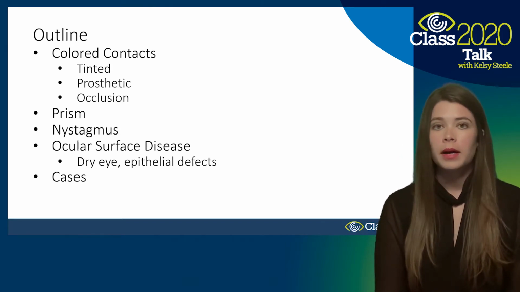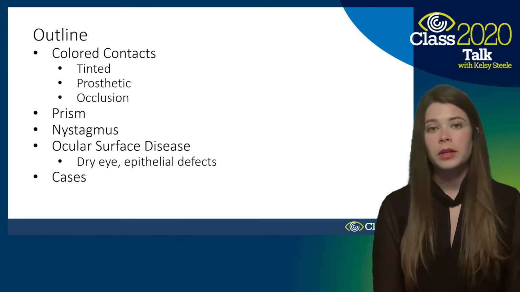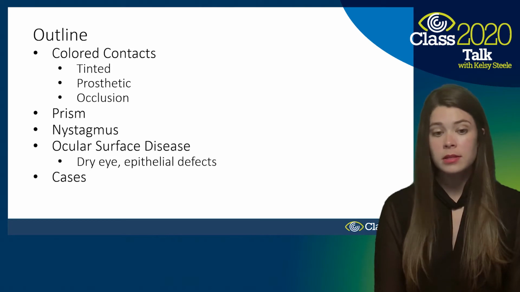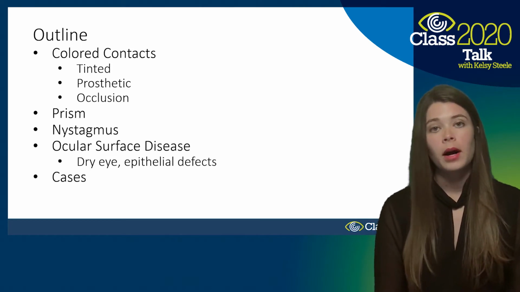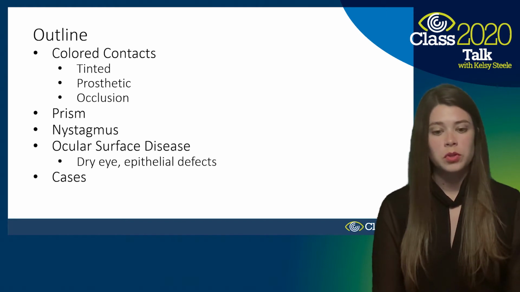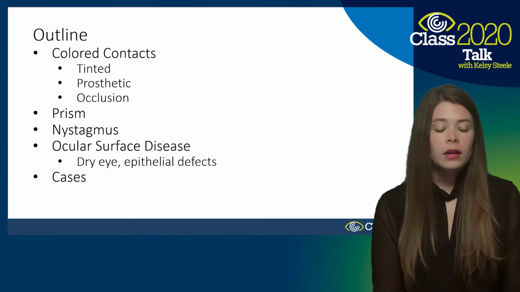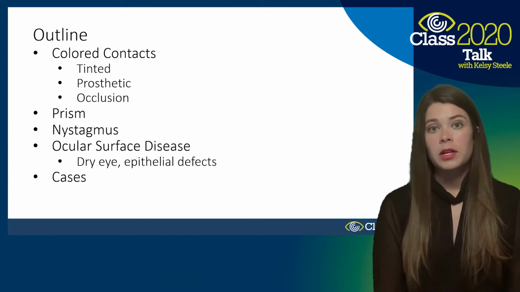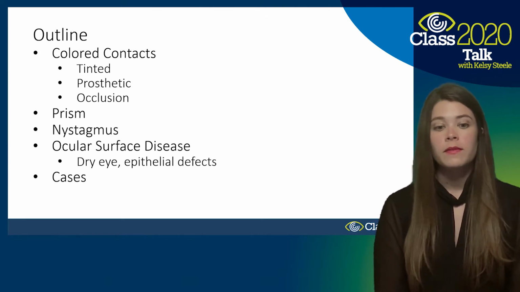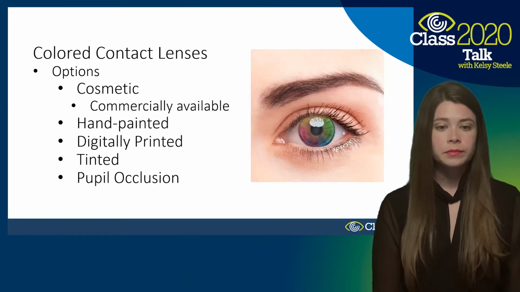We'll talk a little bit about the addition of prism in specialty lenses, as well as the appropriateness in a patient with nystagmus. We'll talk a little bit about ocular surface conditions and what lenses we might utilize for those treatments, such as dry eye or epithelial defects. And I'll also throw in some cases here and there for patients that I have seen where I've used some of these different types of lenses for those patients.